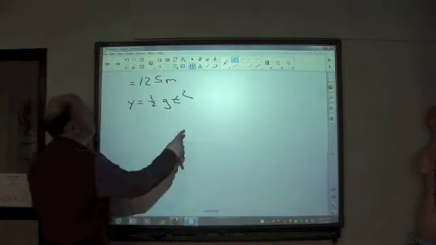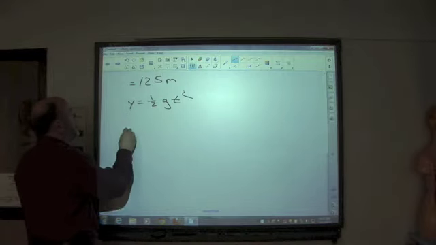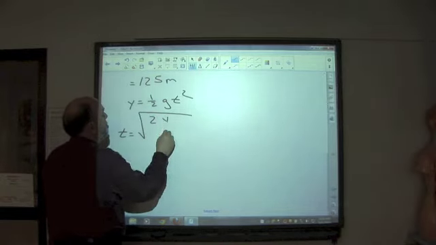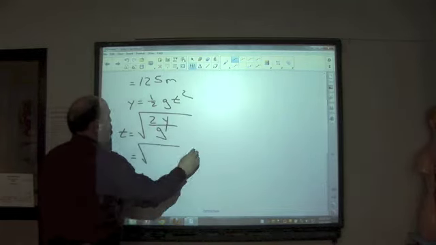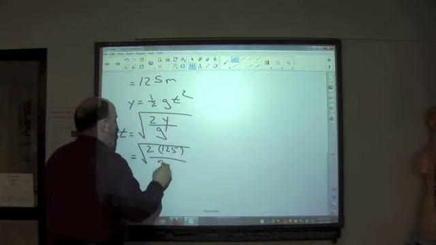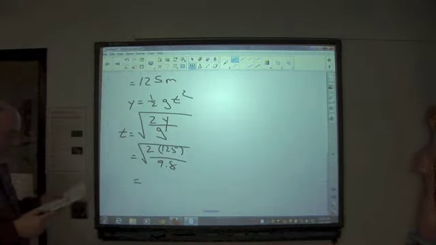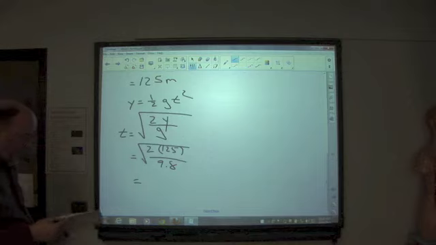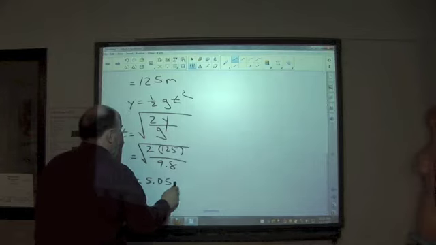We can solve this equation for t, and we did that earlier: t was the square root of 2y over g. So this will be the square root of 2 times 125 divided by 9.8, and this will give us 5.05 seconds.